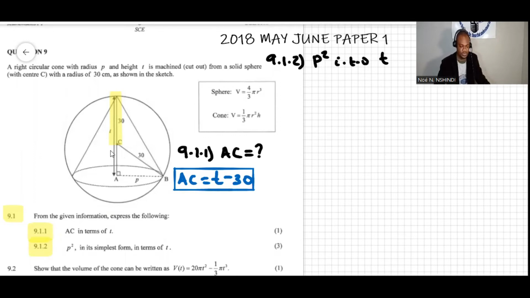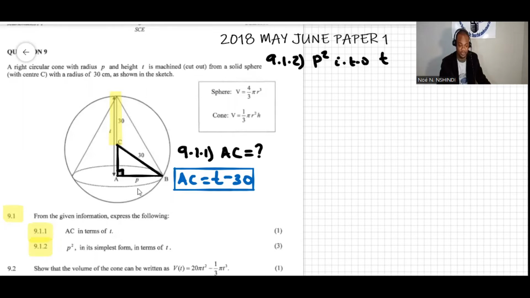Let me just show it. It's this triangle here. Now, it is a right angle triangle. If I need to work out p, it is like the adjacent side, okay?